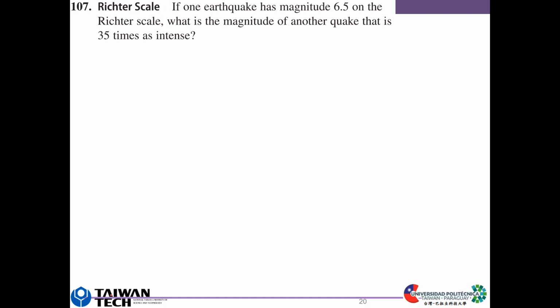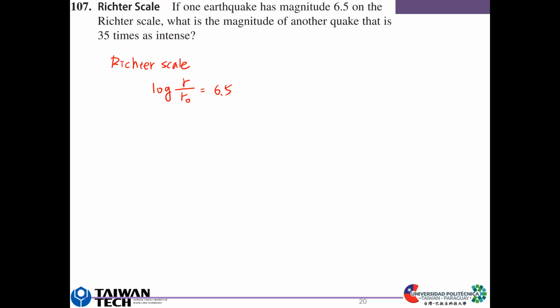So we need to know the definition of the Richter scale, which is defined by log. So we have log of R divided by R0 equals 6.5, and R should be the vibration magnitude or energy of the earthquake.